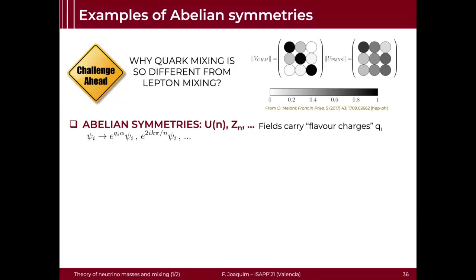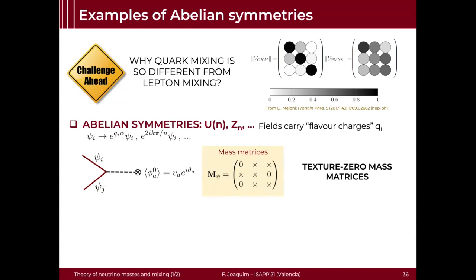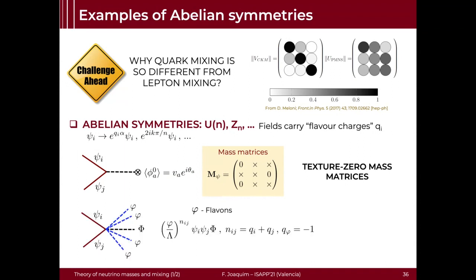You just consider, like electric charge, flavor charges, and then only the interactions which conserve these charges are allowed in your original Lagrangian. For instance, for interactions with the Higgs, only those vertices where the charges are zero are allowed, and this usually leads to texture zero mass matrices that you can actually test when you confront with the data. Then you can use something called flavons.